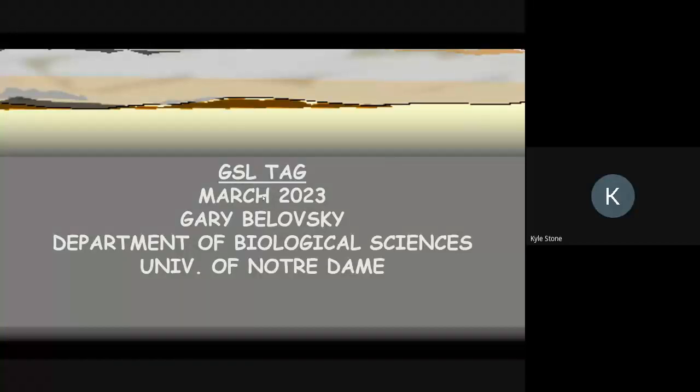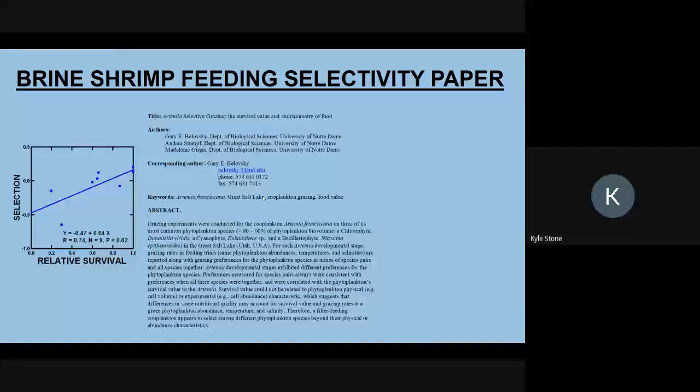Okay, a couple of things I want to cover today. First of all, we have a manuscript done on feeding selectivity by the brine shrimp on different phytoplankton. This was already built into the Great Salt Lake ecosystem model that I've been presenting to you TAG meeting after TAG meeting, but we've got the manuscript done.